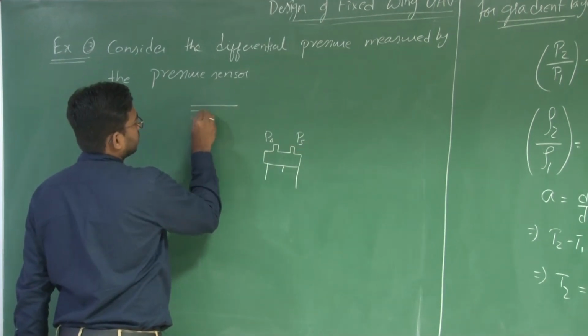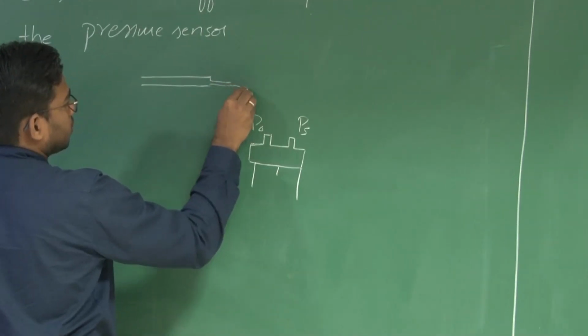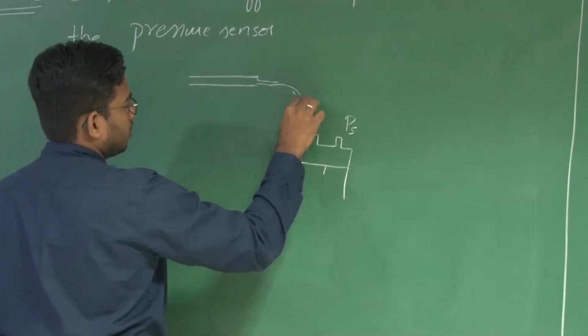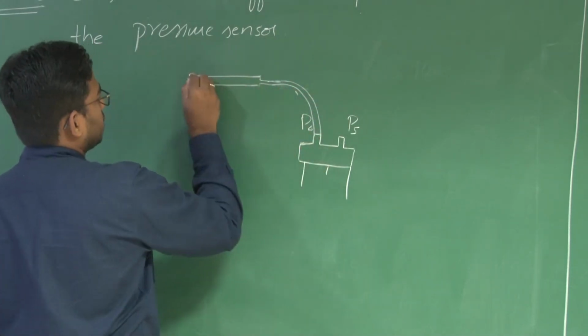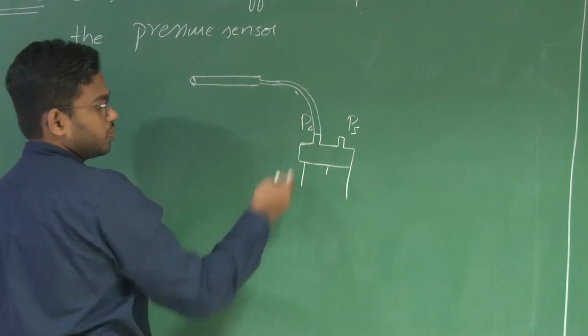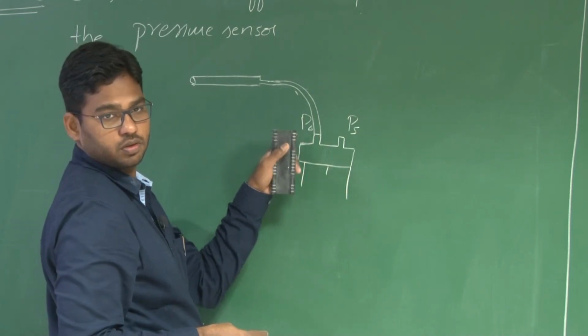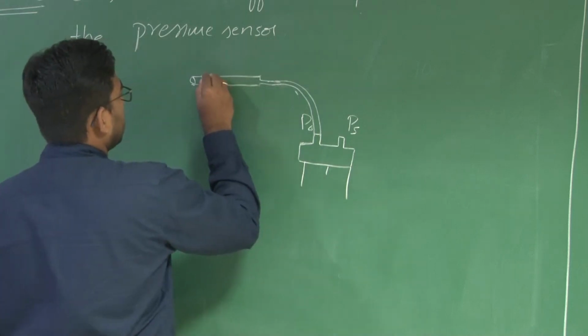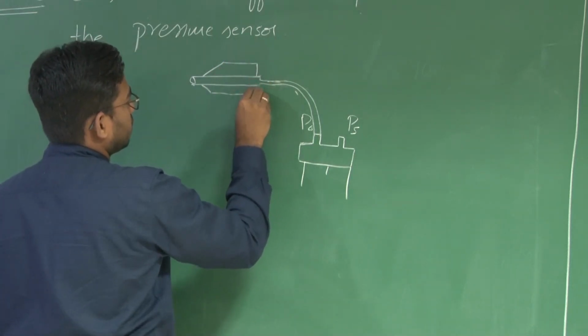You connect the pitot tube to the total pressure port, and you have a static tube at the same time.